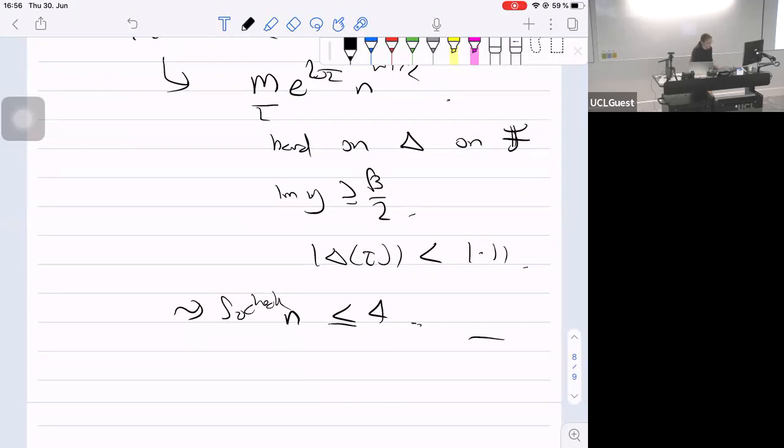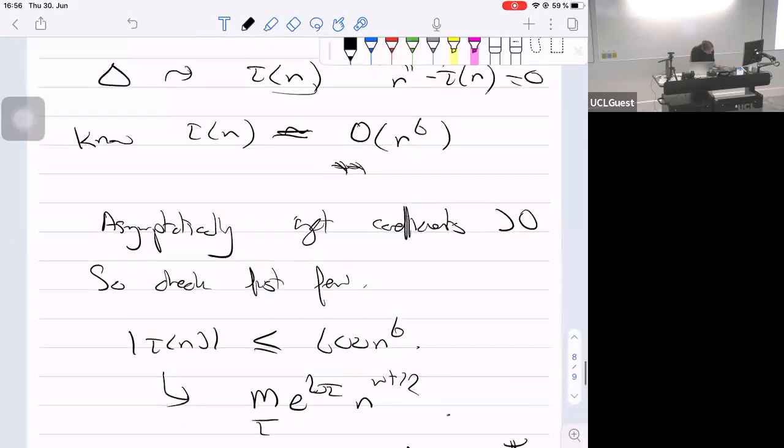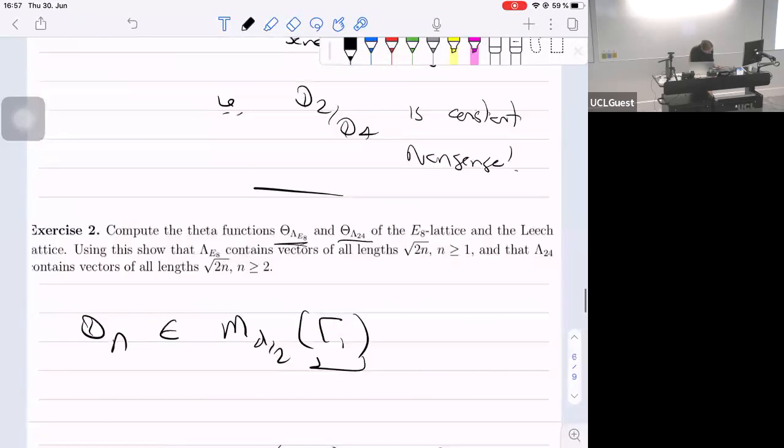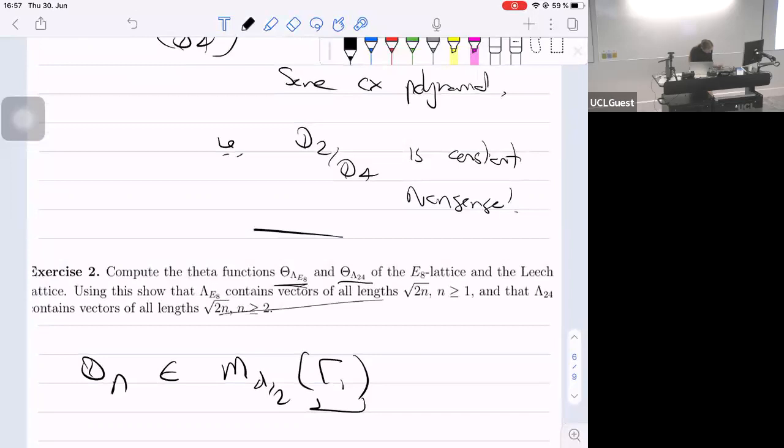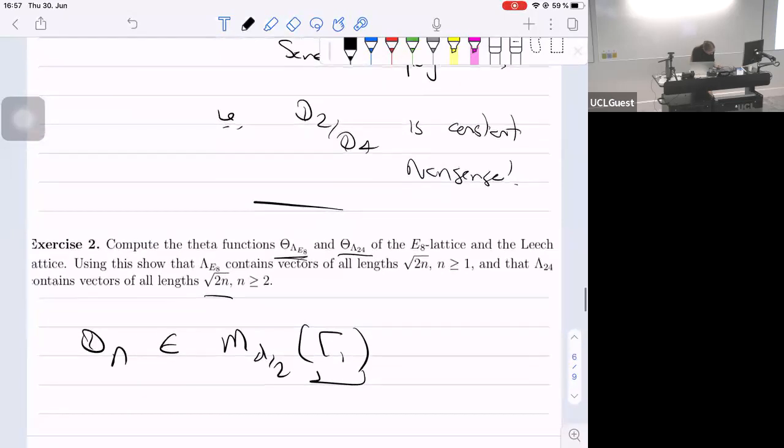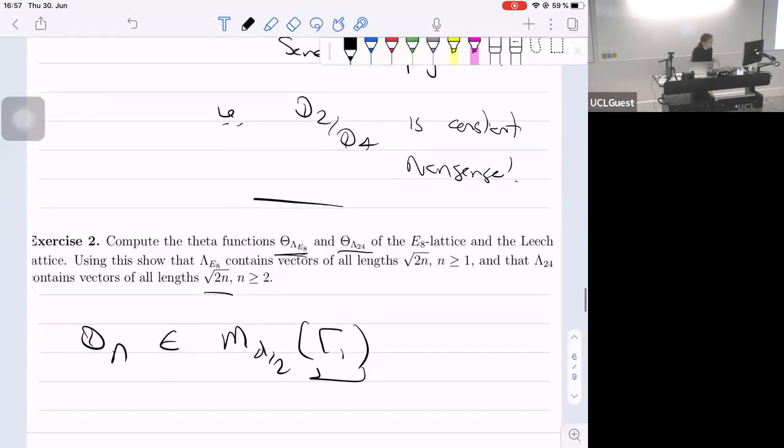And then you get the claim in the question, and that there were vectors of all lengths root 2n for n greater or equal to 2. But there were certainly some details there for you to check yourselves.